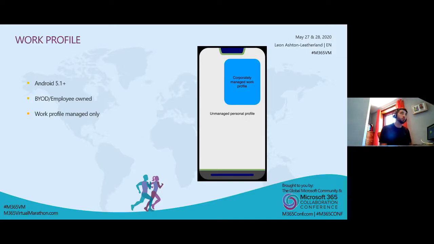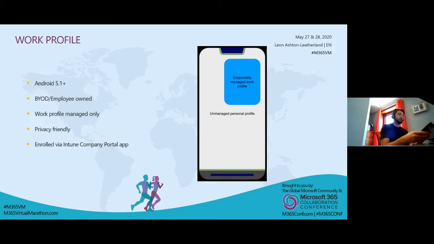So the device enrolls, a work profile is inflated, and within that work profile, you're able to deploy your company apps and data and secure that from the rest of the device, and indeed be quite strict on the control of accessing that data from the rest of the device. It addresses privacy concerns, unlike the device admin enrollment, so it's privacy friendly. And to enroll it, again, as per device admin, it's enrolled via the Intune Company Portal app.